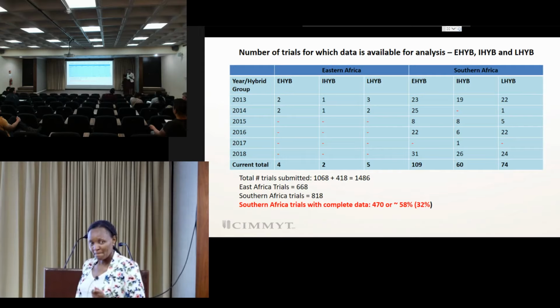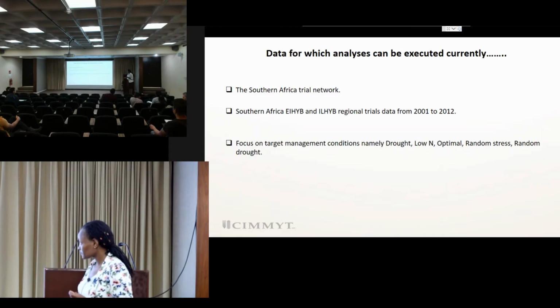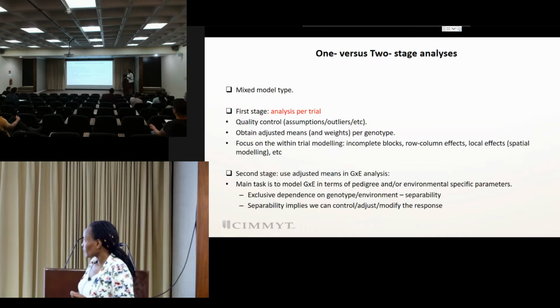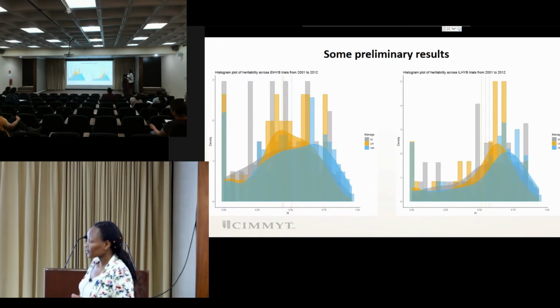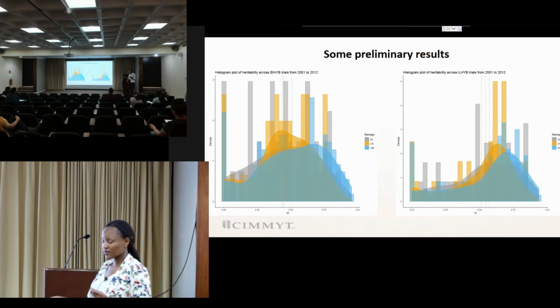My first question was, the heritability you presented, does the model include G by E in it to calculate, or is it just for the one environment? This part? Yeah. So here I haven't done any modeling.